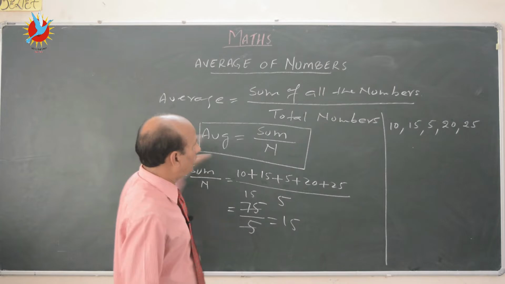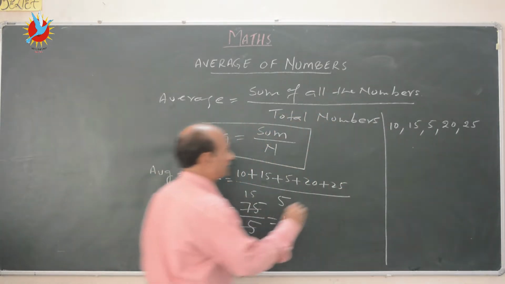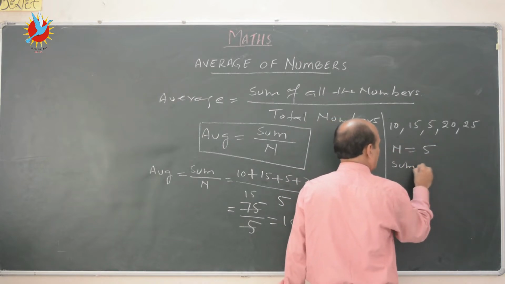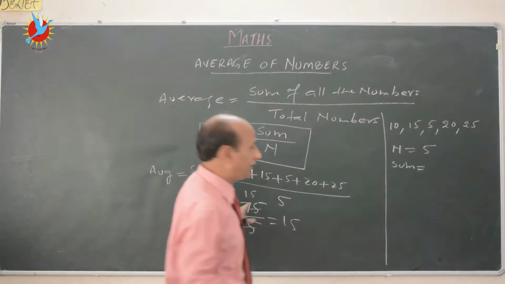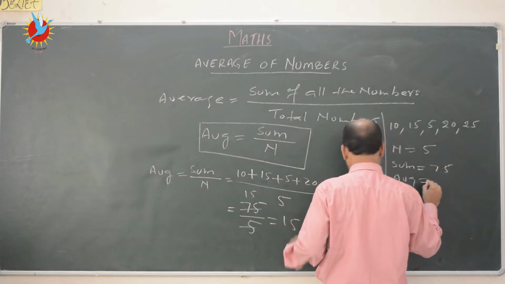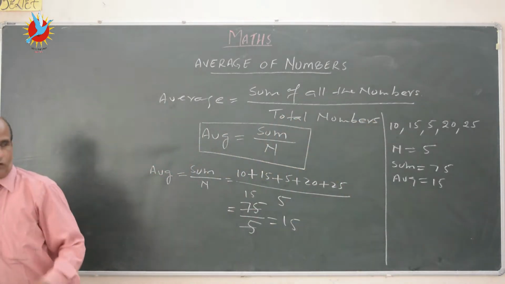So the average of these 5 numbers is 15. Remember this. Here n is equal to 5. Sum is equal to how much? It is 75. And what is the average? Average is 15. We will use this data for other formulas also.